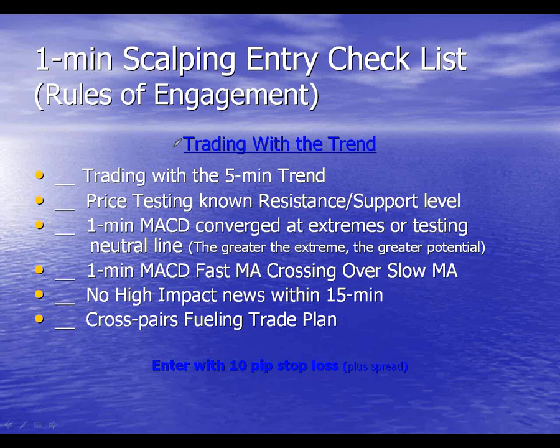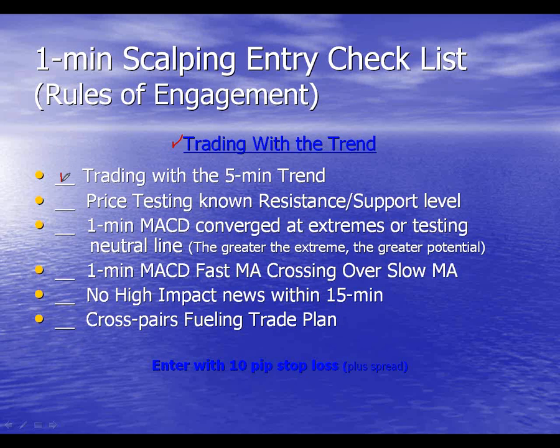Now this is the one trading with the trend. We do have another method within the strategy of trading against the trend using the MACD, but that's in another video. You're trading with the trend, and this is the progression that we look at. It's very systematic, but very easy to learn, and we just go through a checklist.